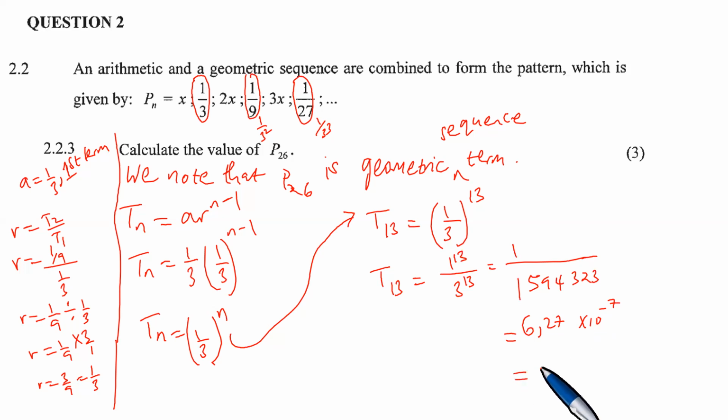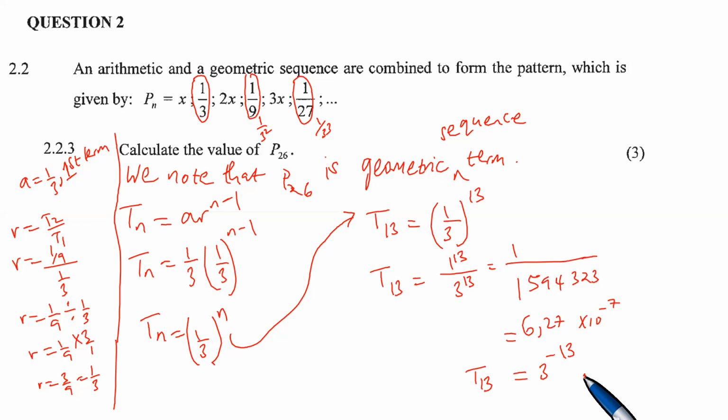Alternatively, you can write this as 3 to the power minus 13, because you can just reciprocate the 3 to the power 13, which is 3 to the power minus 13. So this is the answer to the question.